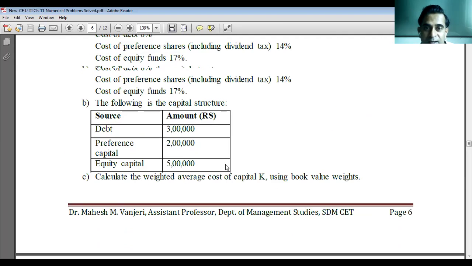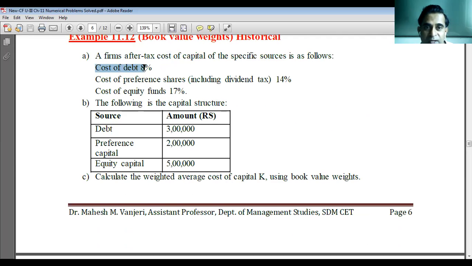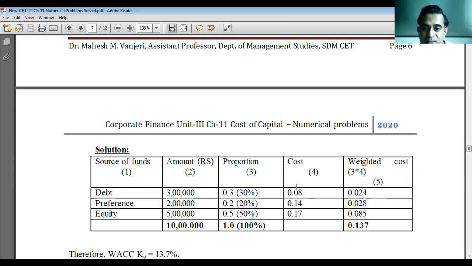It is 8%, which is 0.08. So if I multiply the proportion of debt capital by its cost, 0.3 into 0.08, what I get is 0.024, the weighted cost of debt capital.